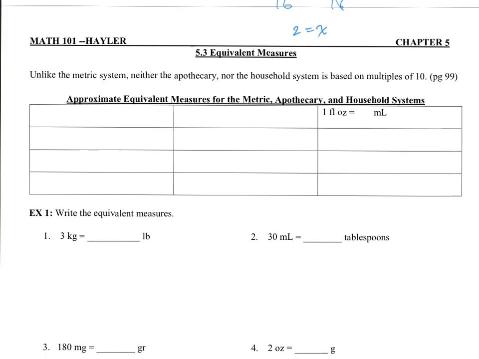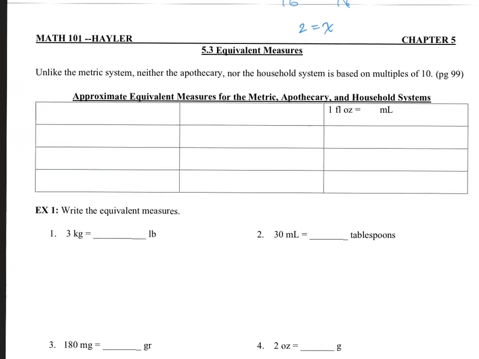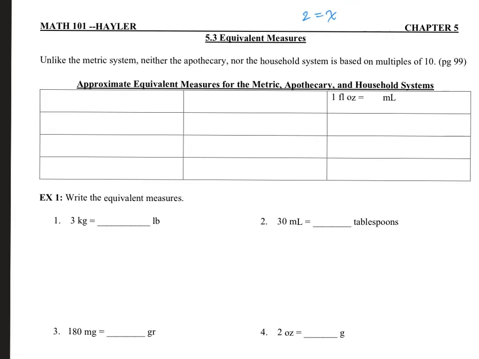Okay, once again, I think your document will have a bit more of this filled out, but bear with me. A lot of things to write in here. So we have 1 teaspoon is equal to 5 milliliters. And please note, when I write that little symbol there, that is an approximation.